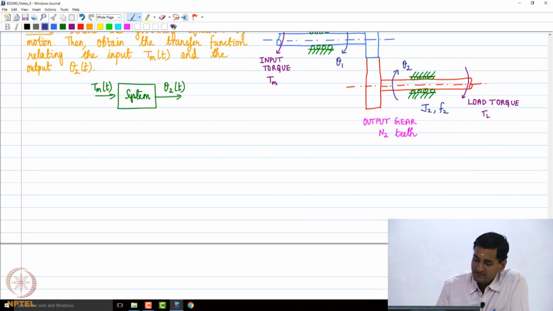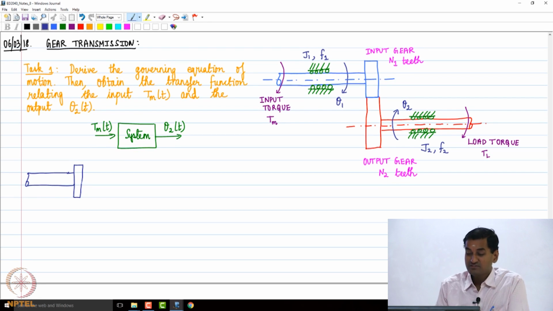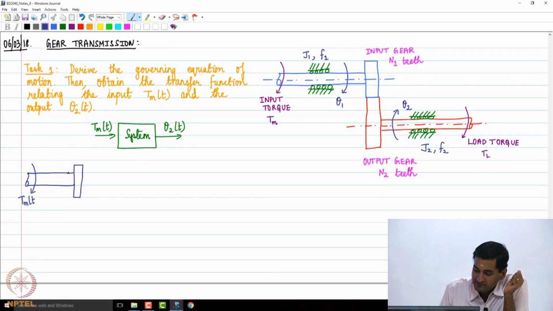To do that, let's draw the free body diagram of the input shaft. Then let's write down the corresponding equation of motion. So let's say I draw the input shaft. What are all the torques that are going to act on this input shaft? Essentially we have the input torque Tm(t) acting.